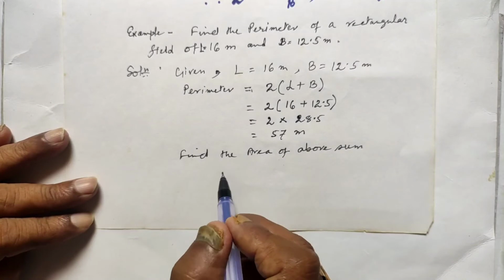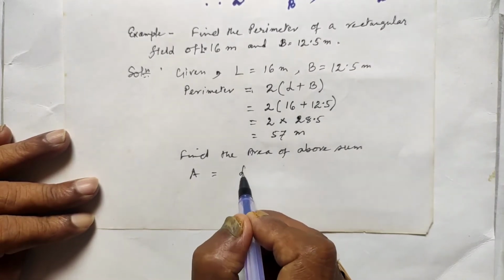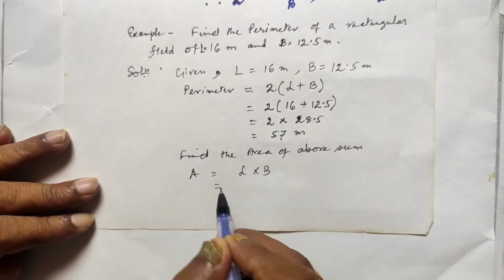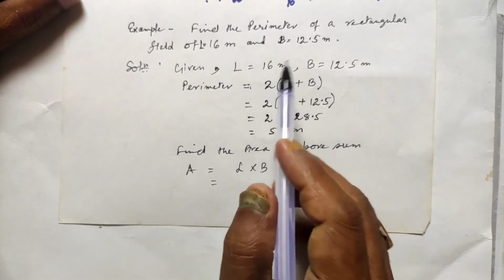Here we know that area means length into breadth, and we are using the data of length and breadth.